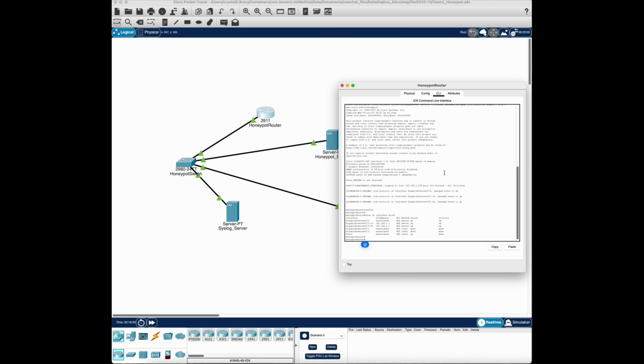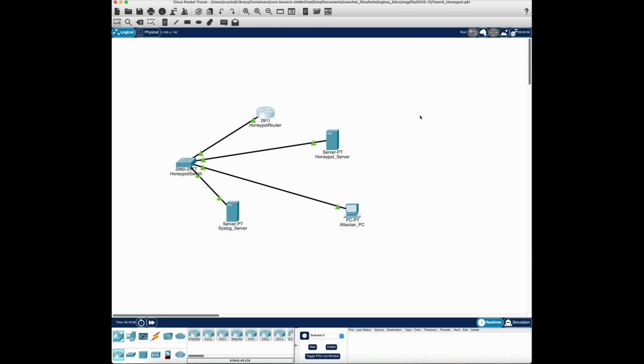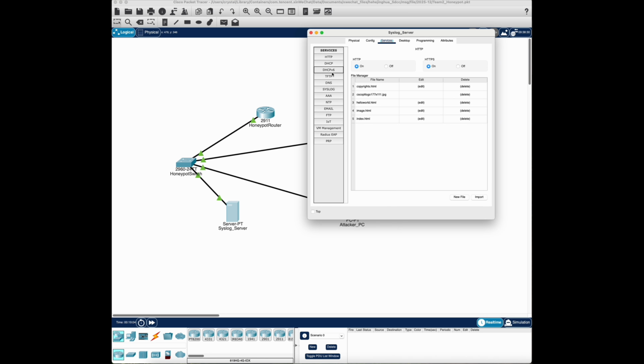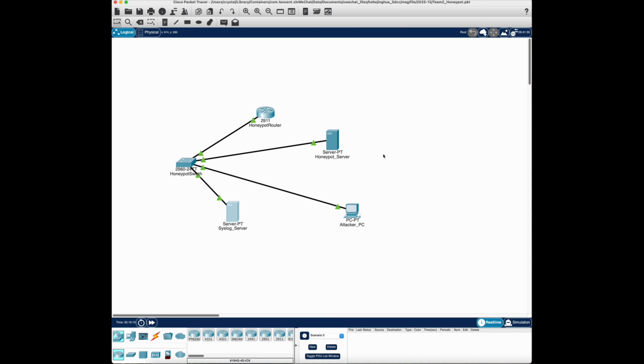We also use a syslog server to simulate centralized logging, similar to the ELK system in the original Python implementation. The router sends its logging messages directly to this server. Before applying any blocking rules, the attacker can successfully reach the honeypot.